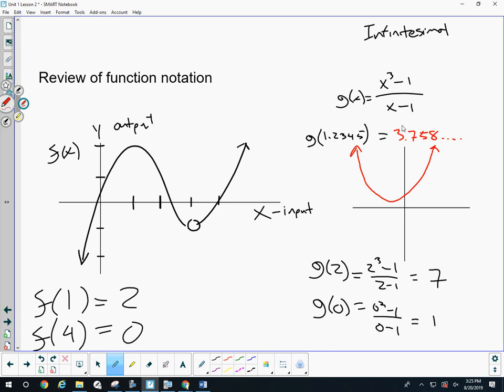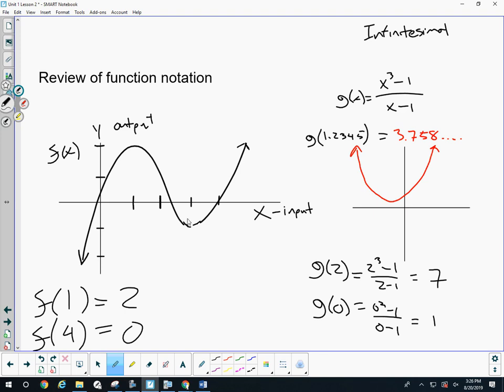Now, the difference between these two graphs is this point right here. We see this open circle. This is something that's very exaggerated on this graph of F, okay? What this exaggerated open circle is trying to display is that we have values for all of these decimals except for at 3.